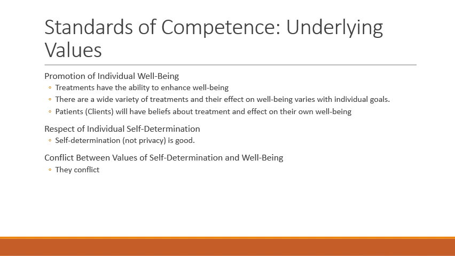So if they were fully competent, then we would want to respect their ability to choose something that is anathema to their well-being. But if they weren't fully competent, then maybe that gives us a justification for overriding their decisions.